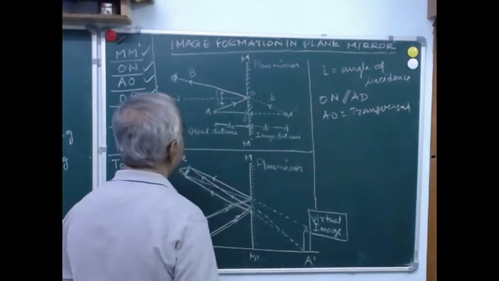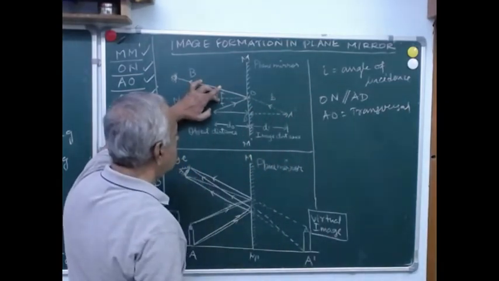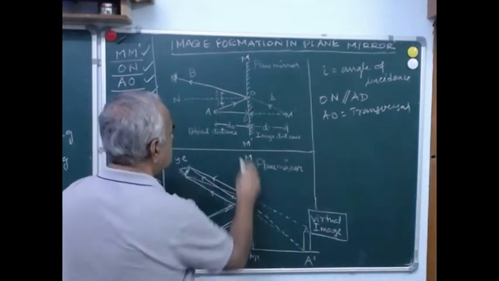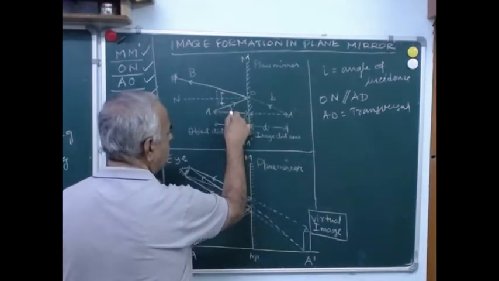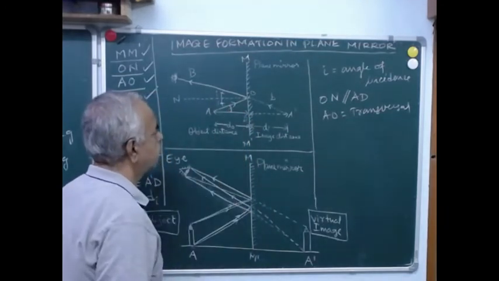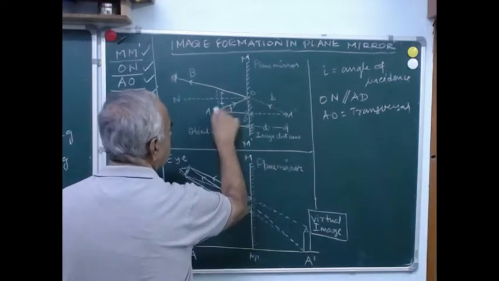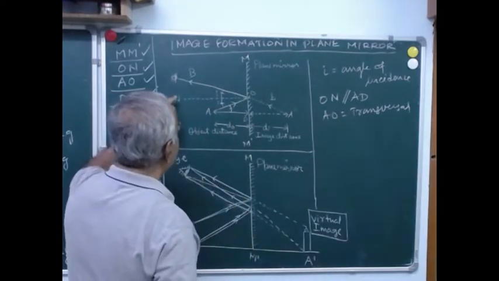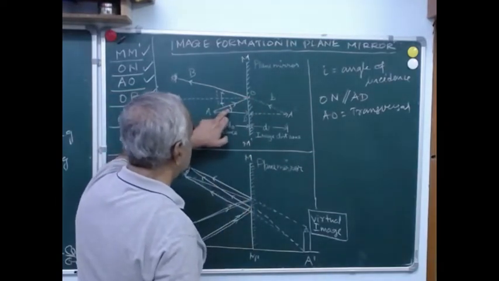Now if this is I, the alternate interior angles will be equal. So OAD is equal to NOA. Got it?